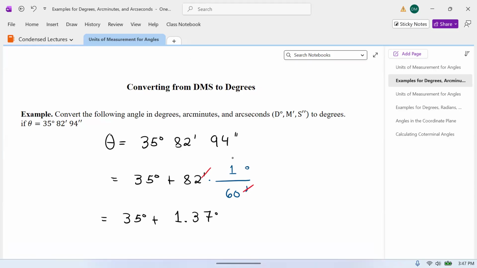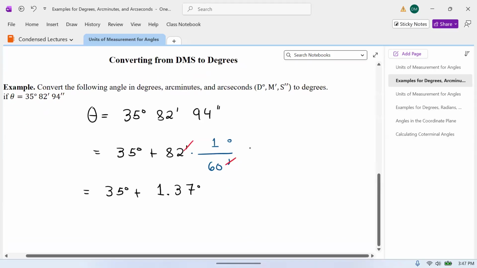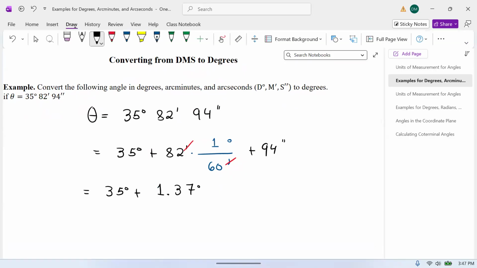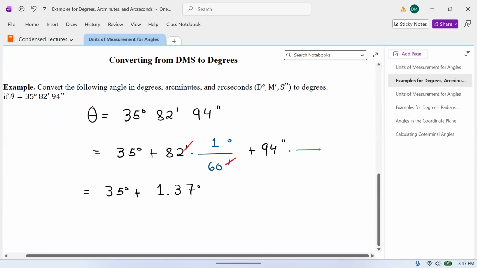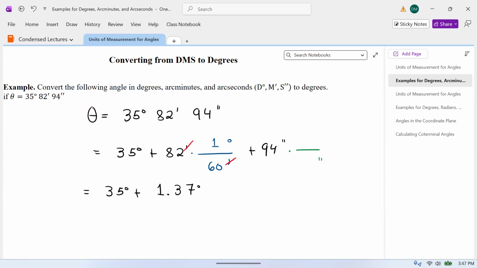Oh, but we still need to convert the 94. So if I take the 94 arc seconds, I need to convert that to degrees. I'll say there's 60 arc seconds to every 1 arc minute.